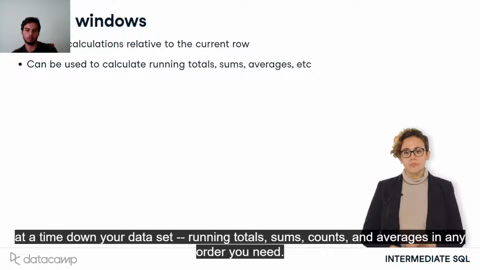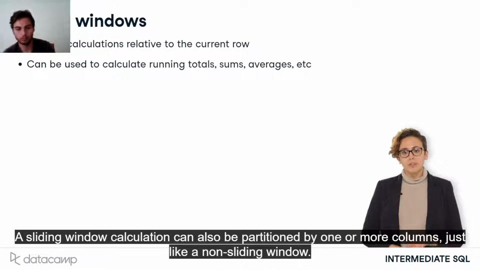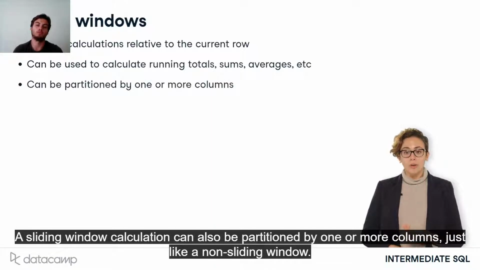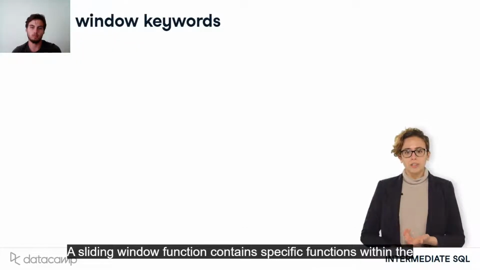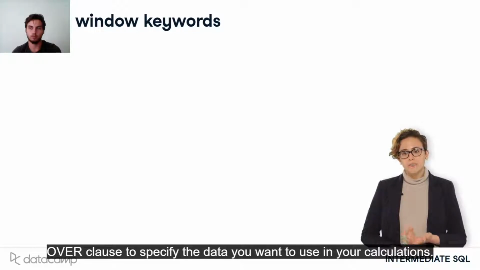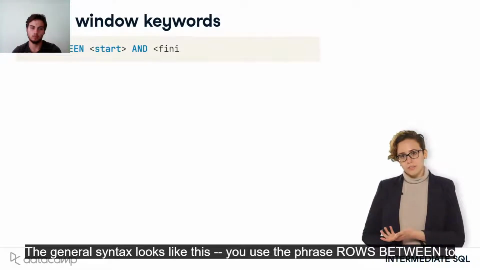Running totals, sums, counts, and averages in any order you need. A sliding window calculation can also be partitioned by one or more columns, just like a non-sliding window. A sliding window function contains specific functions within the over clause to specify the data you want to use in your calculations. The general syntax looks like this.